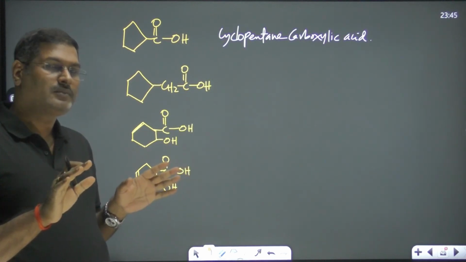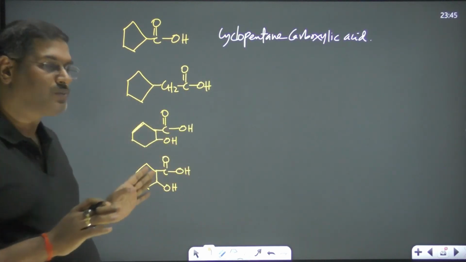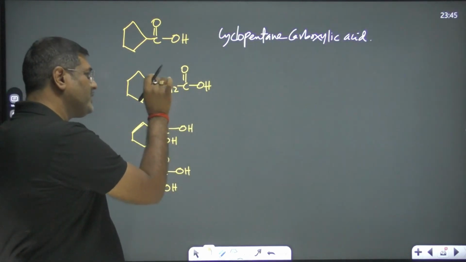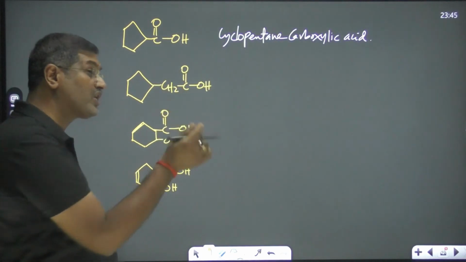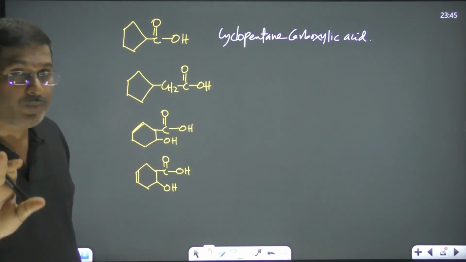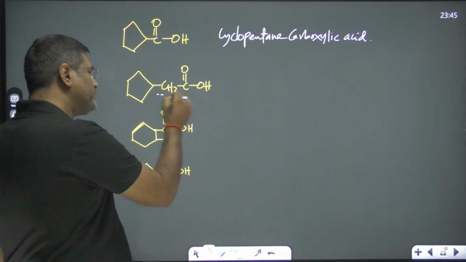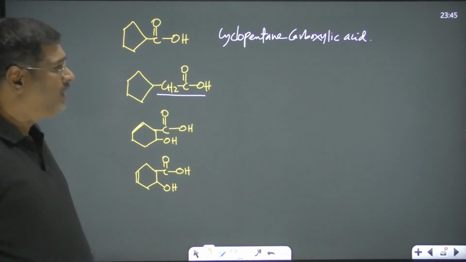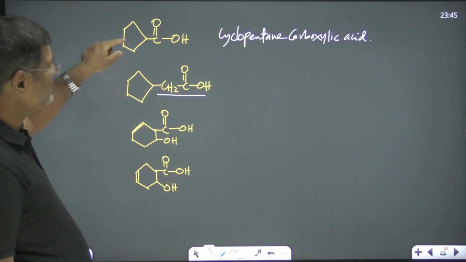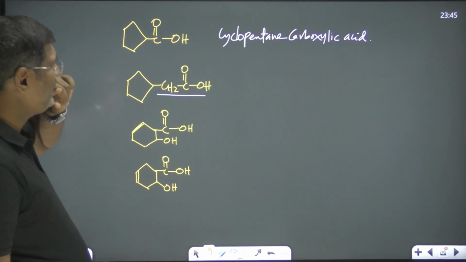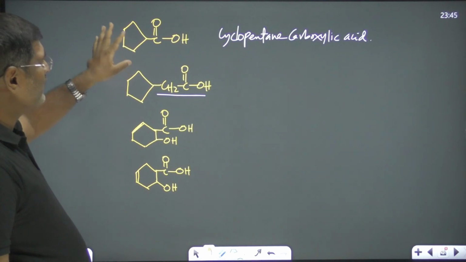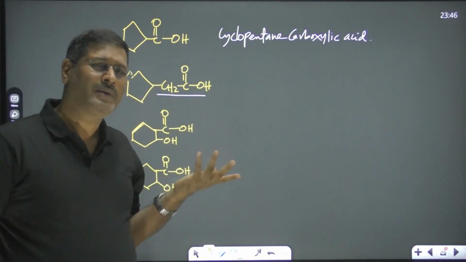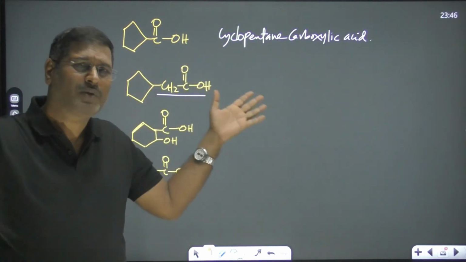Then that will be treated as a substituent. Because if any carbon atom is there in between the ring and the COOH kind of functional group, then that will form a separate chain. That is the chain. Now, sir, somewhere it is given cyclopropyl methanoic acid, and many things are given, so many systems of nomenclature.